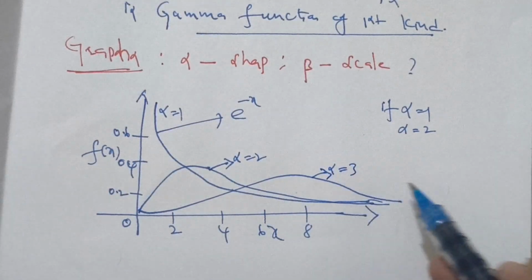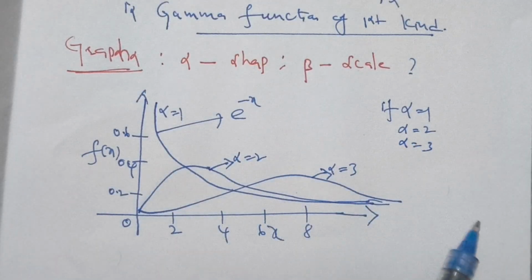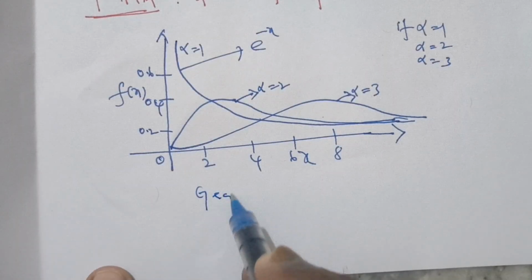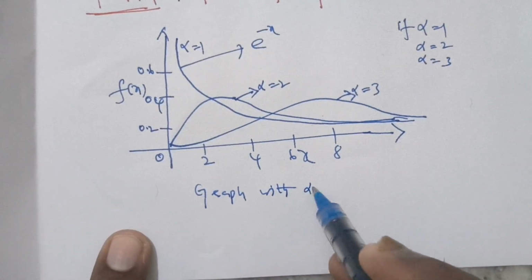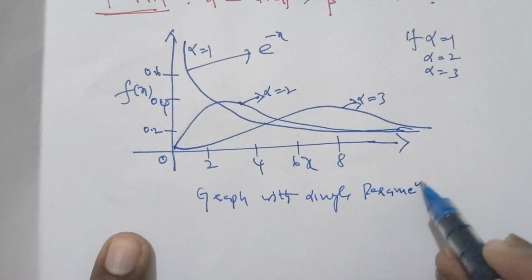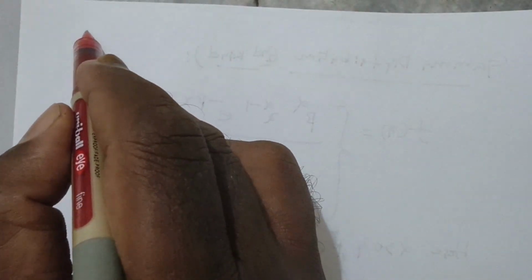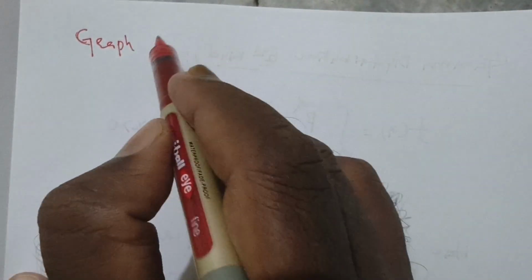This is the alpha equals 3 graph. So observe this graph carefully. The graph involves only one parameter, that is alpha. So we conclude this is a graph with a single parameter. This belongs to the gamma function of the first kind.